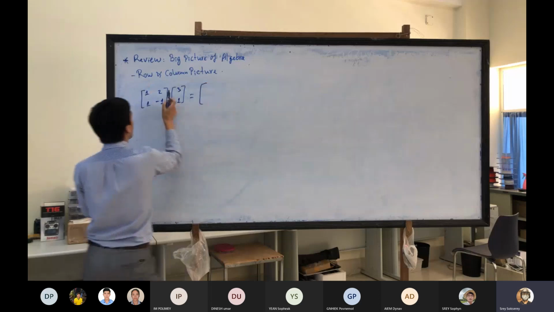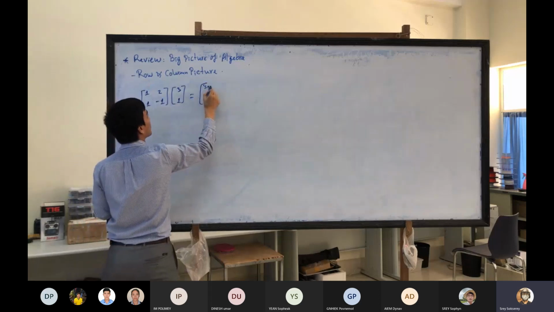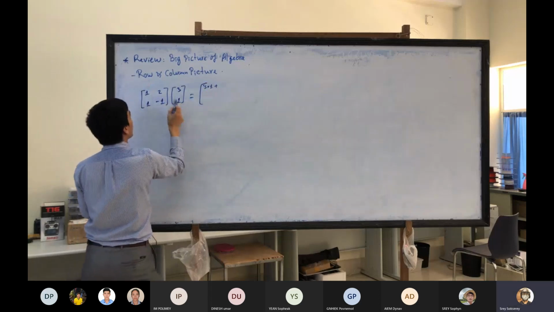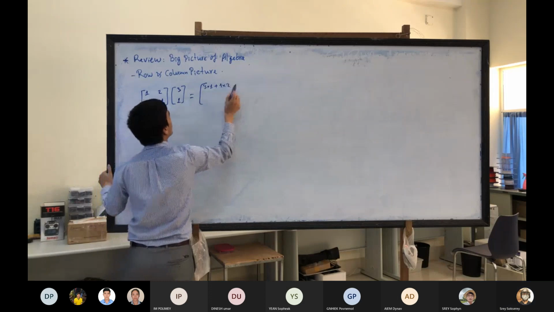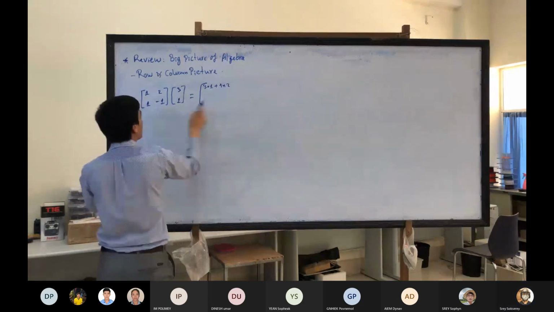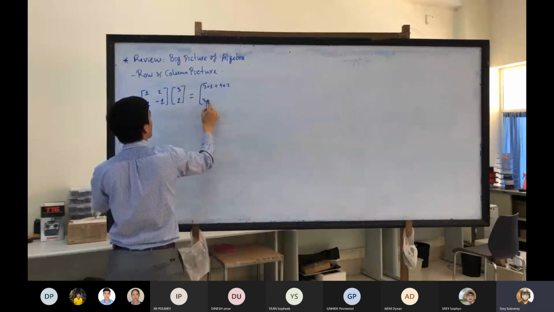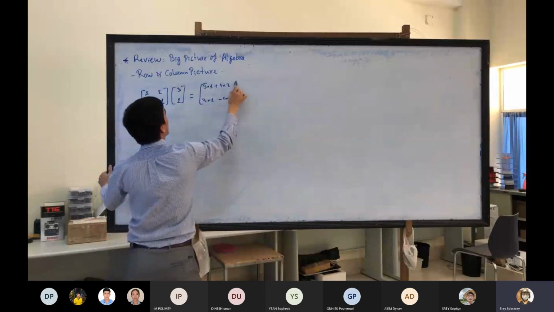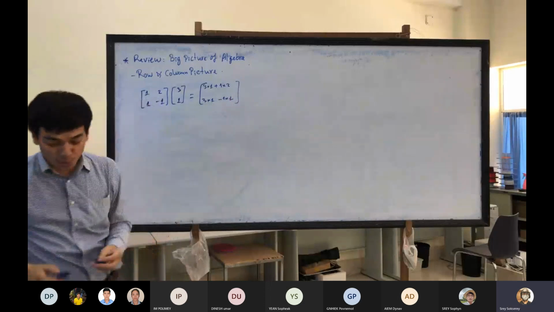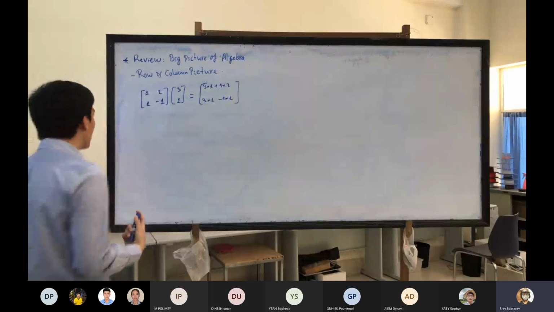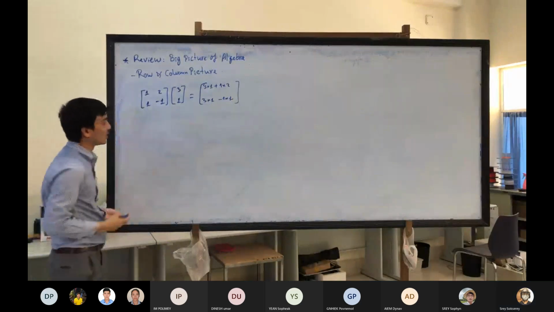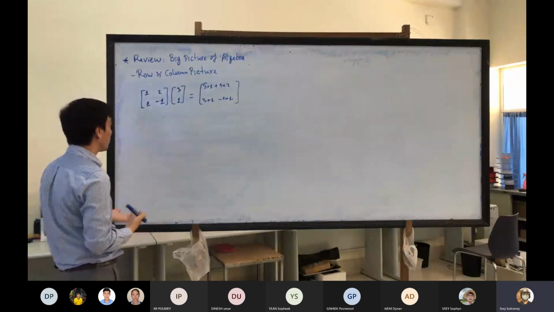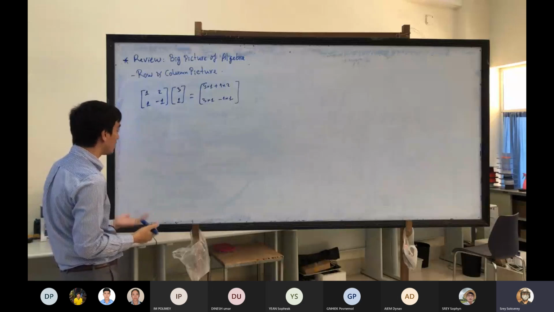So you have 3 times 1 plus 1 times 2, and here you have 3 times 1 minus 1 times 1. So in this way, you don't see the picture of it, if you just multiply it like this.